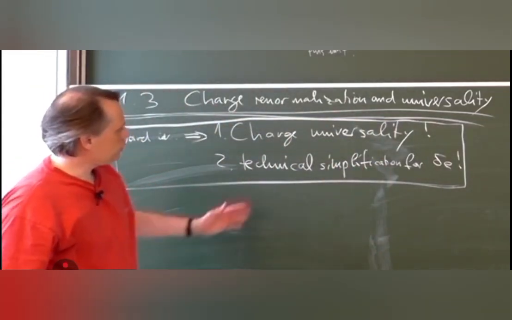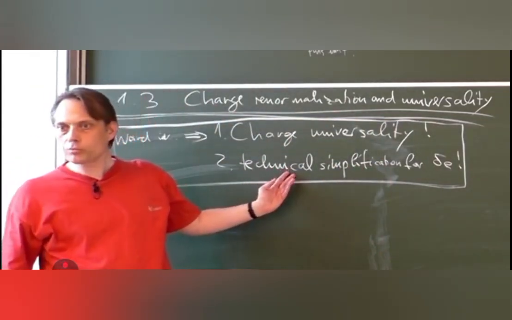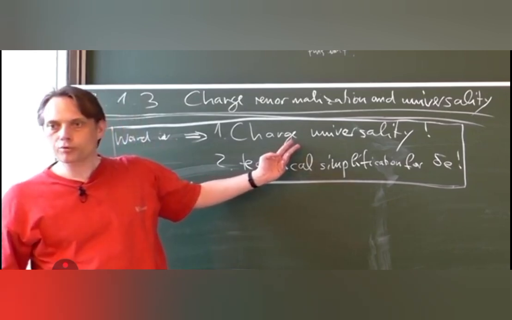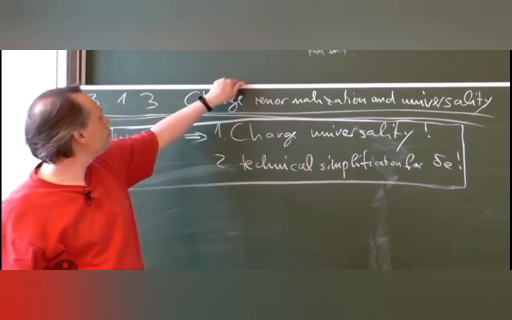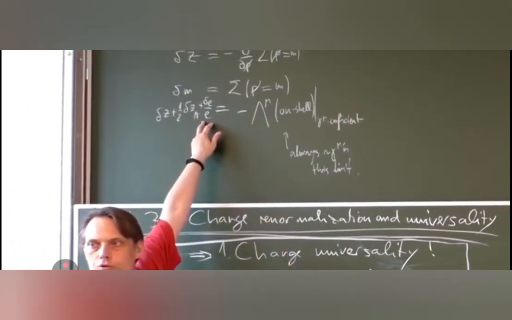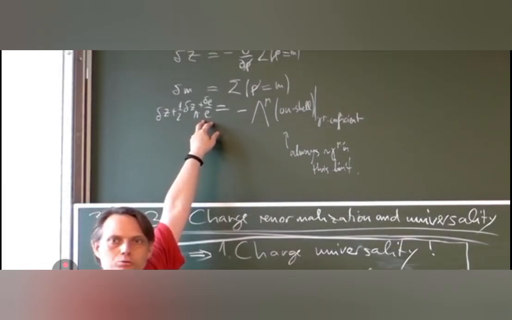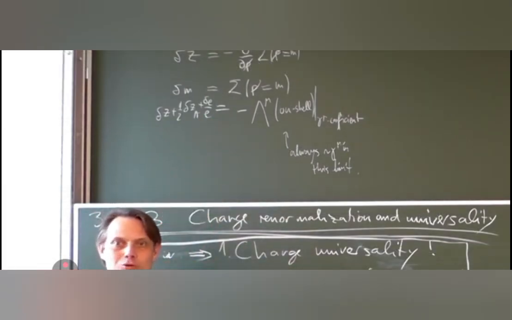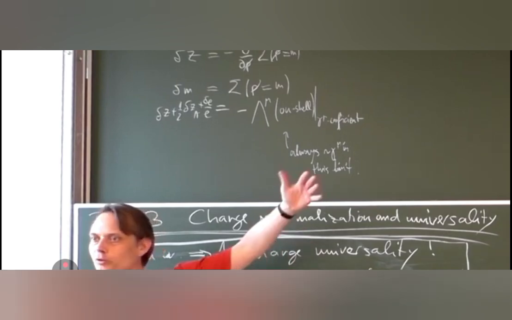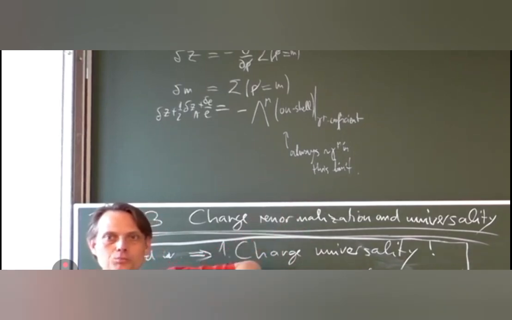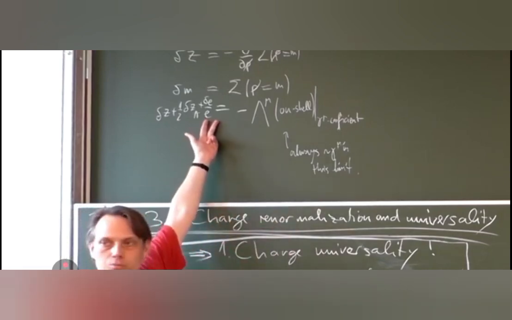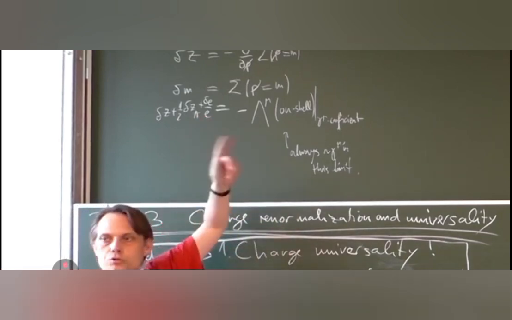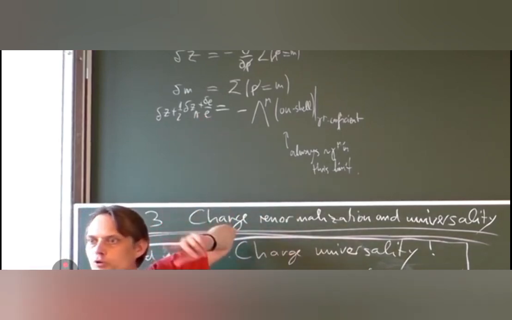And so the second item somehow already explains the first one. If you can calculate delta e just by calculating the photon self-energy, then you see there is only one photon self-energy. You can have as many charged particles in your theory as you want, but delta e comes only from the single photon self-energy, which contains loops from all charged particles universally.